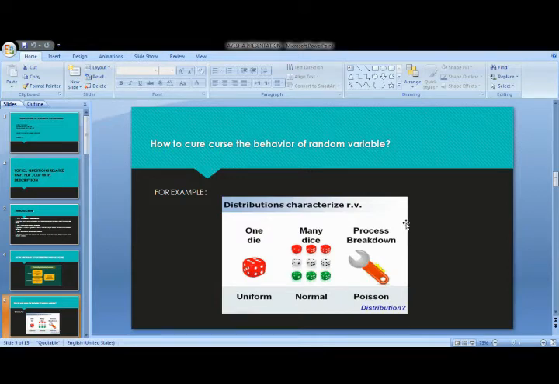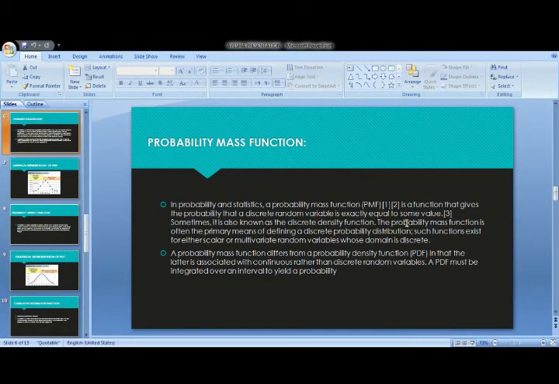Now further I'm going to discuss more deeply what a probability mass function is. I already told you that it is for a discrete random variable which is exactly equal to some value. PMF defines the discrete probability distribution.